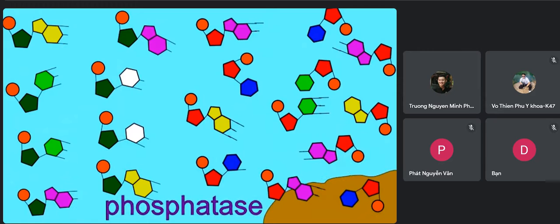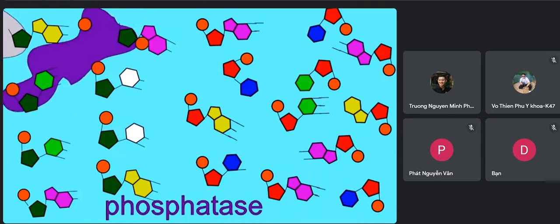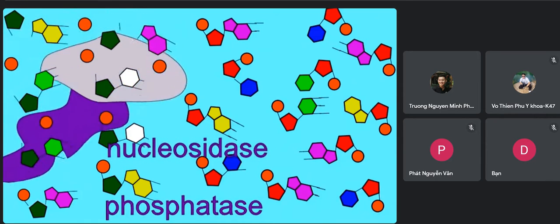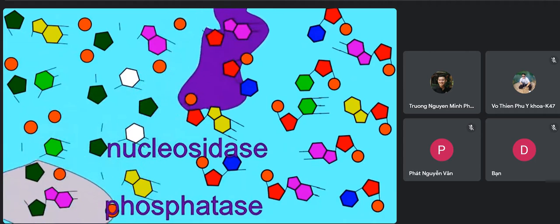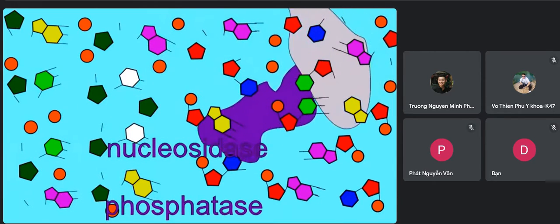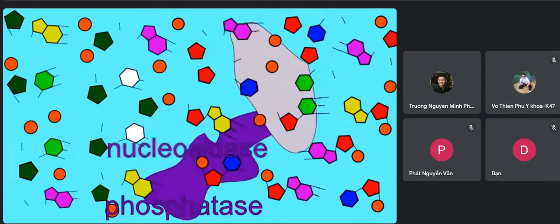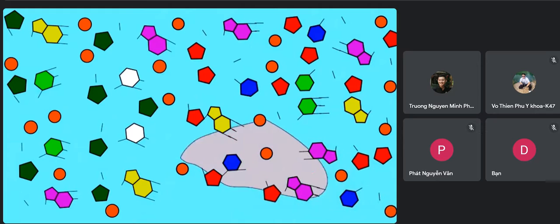In the small intestine, brush border enzymes include nucleosidases and phosphatases. These break apart the parts of a nucleotide so that the nitrogenous base, pentose sugar, and phosphate are separated. And these components can be then absorbed into intestinal cells through active transport.